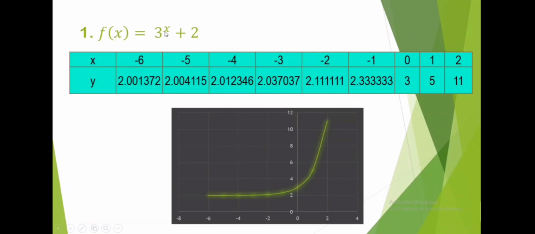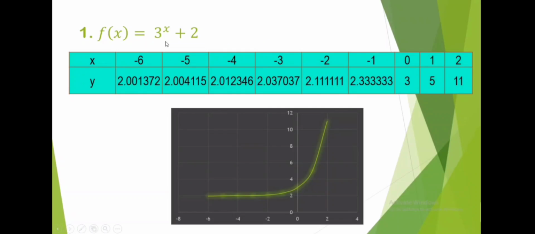You can solve it in your calculators. Solve for 3 to the power of -6, plus 2 of the previous answer. So we have 2.00137. Let us try x equals 0.